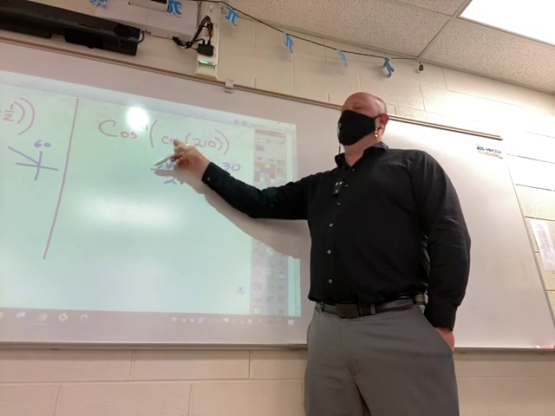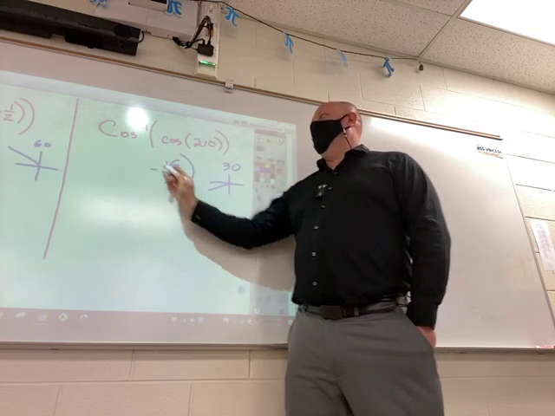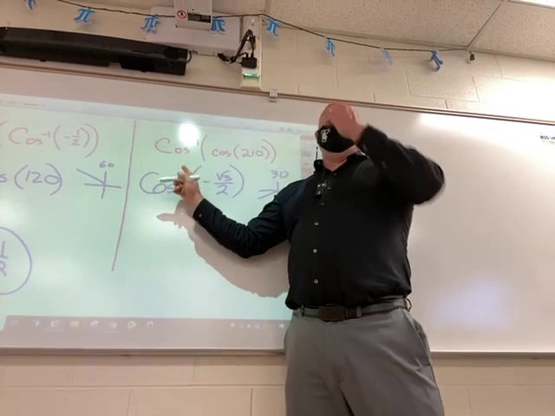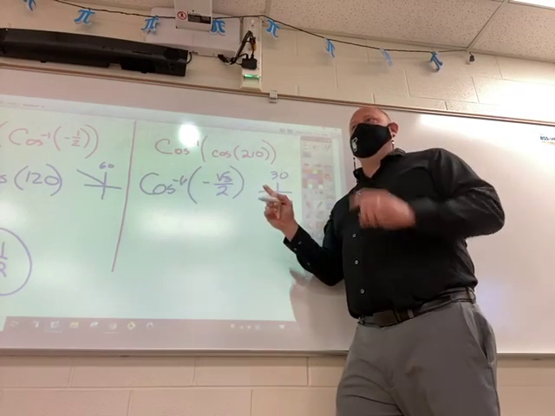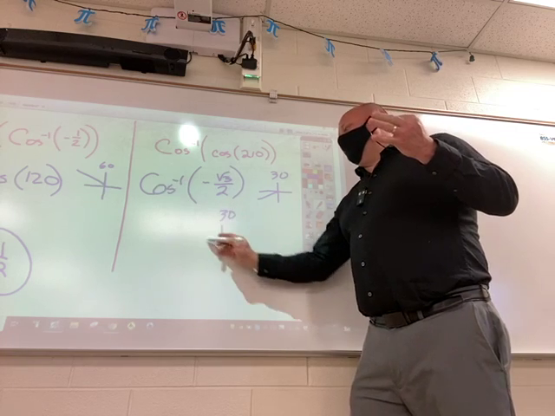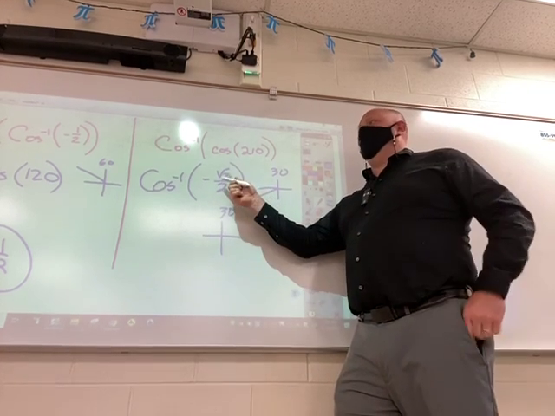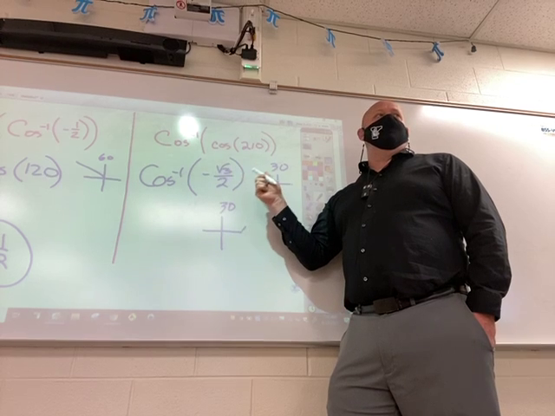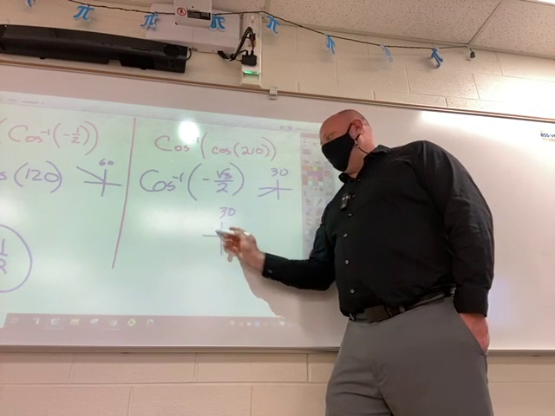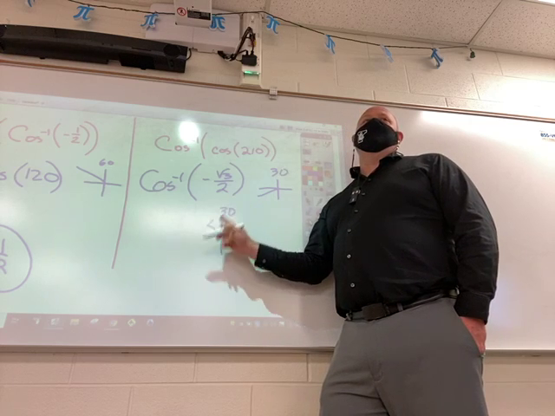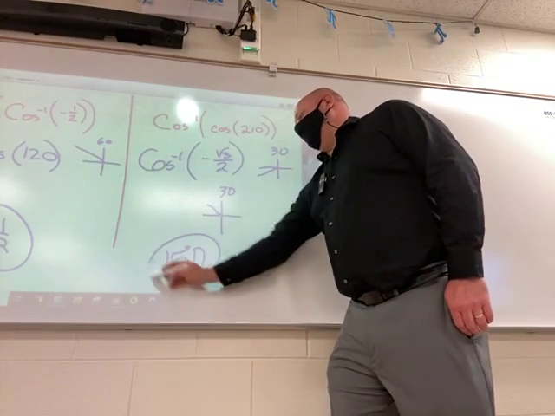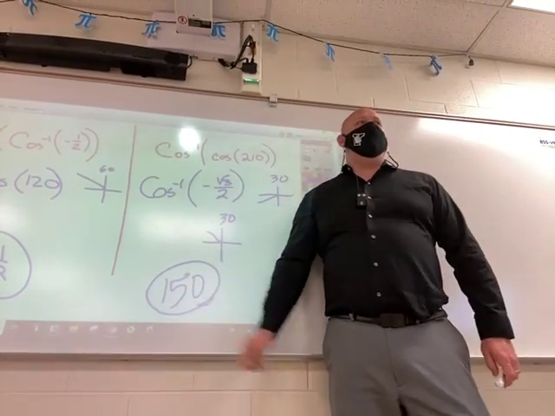So the answer to cosine of 210 is negative square root of 3 over 2. Now we have to do the principal value inverse cosine of that. Well, when is cosine square root of 3 over 2? That's still 30, right? But what is the one quadrant we would want to use where cosine is negative for principal value? That's the second quadrant. So what is a 30-degree angle in the second quadrant? 150. The final answer here is 150. What do 210 and 150 have in common?